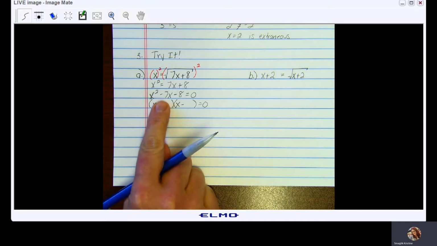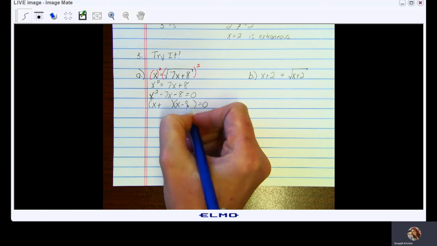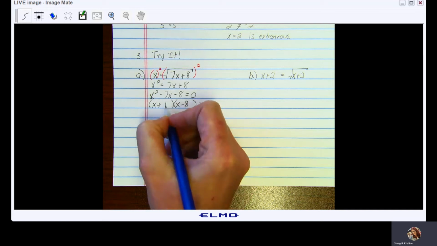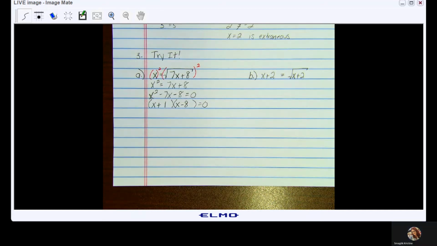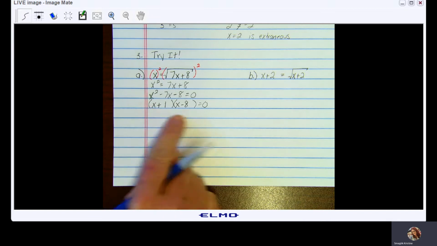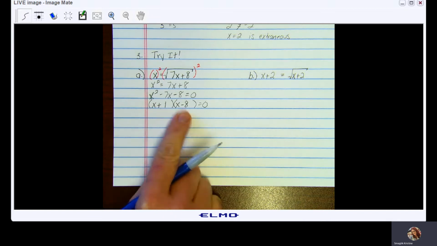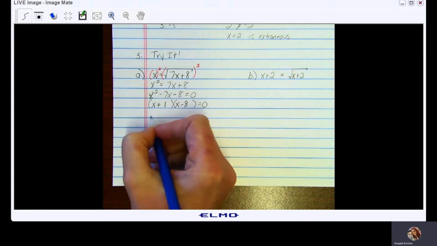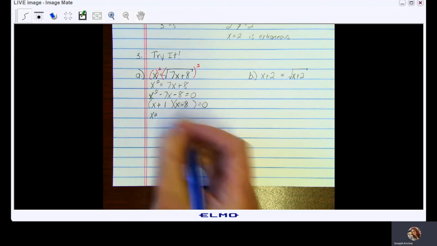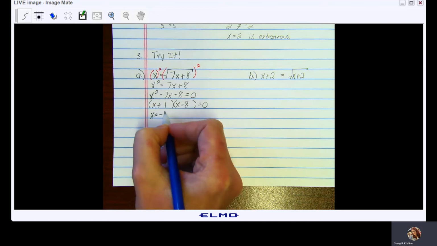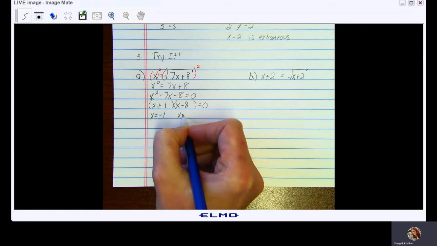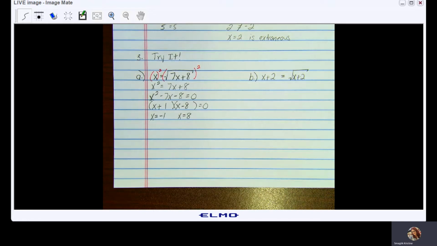I'm thinking 8 and 1, so the 8 would have to be negative and the 1 would be positive. I'm going to skip showing it, but we can use the zero product property to solve. And again, x plus 1 equals 0. Well, that means x equals negative 1. And here, x equals 8.